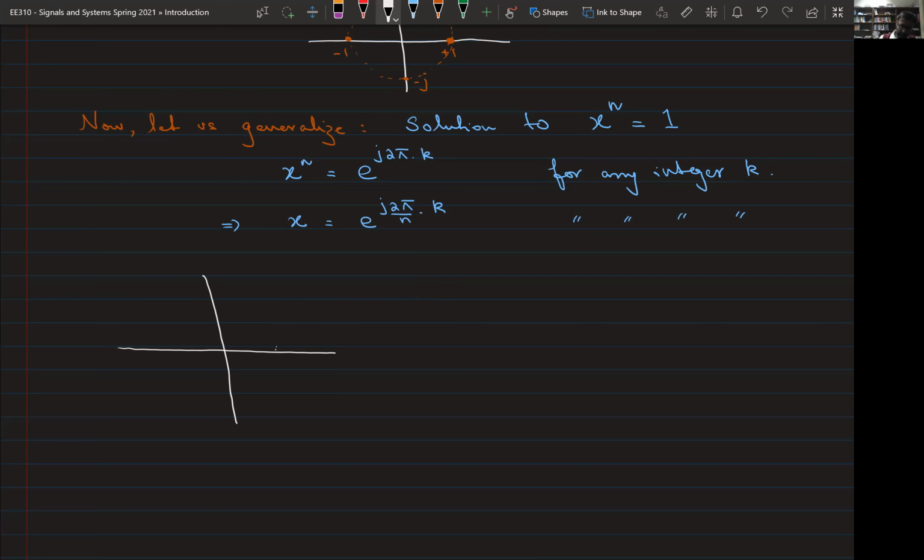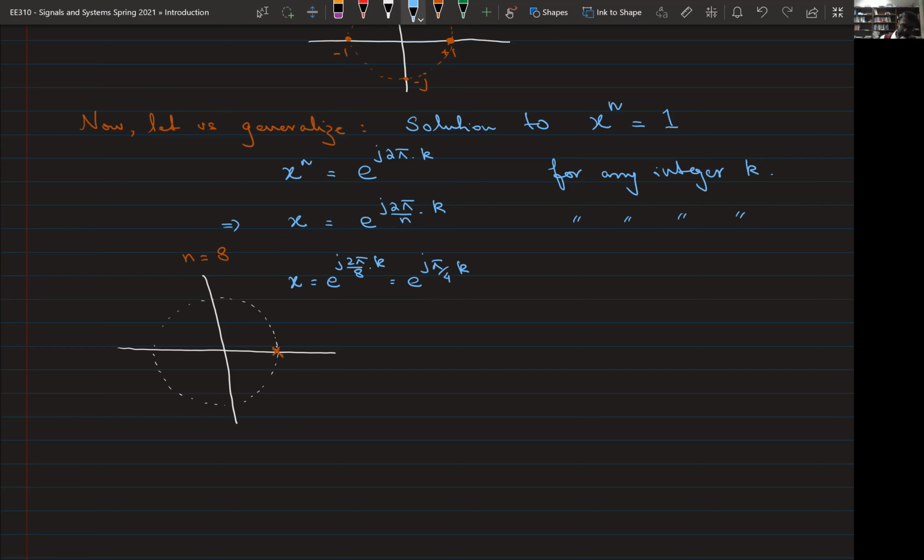And let's do this general analysis for, let's say, n equals 8. For n equals 8, you would have k equals 0. For k equals 0, this is the solution you get. And x is equal to e raised to power j 2 pi by 8 times k, so this is e raised to power j pi by 4 times k.